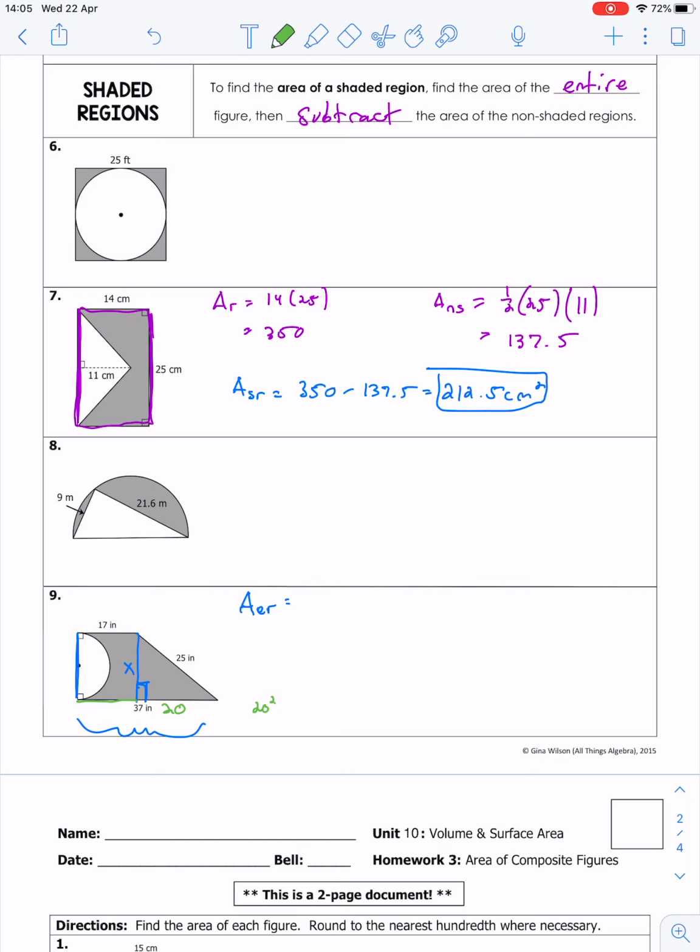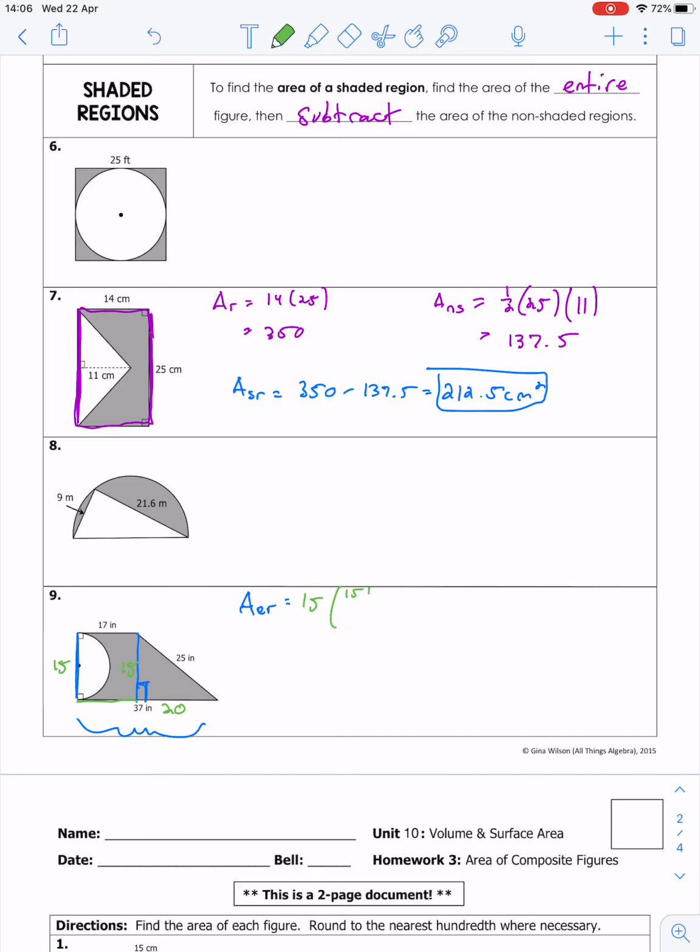So 20 squared plus x squared equals 25 squared. And then when we solve that, we get 15. Okay, so x is going to be 15. Nice. So 15, which means this is going to be 15. Which means our height of our trapezoid is 15, and we already know our bases.